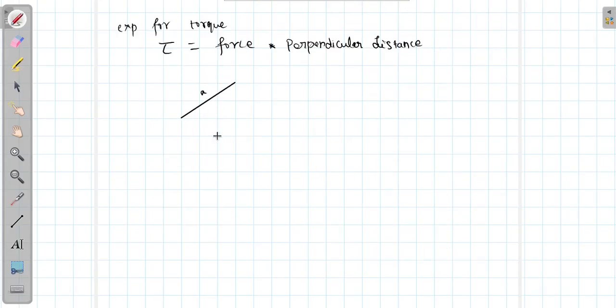Now I'll go for the magnitude of the force. One force in this direction, another force in the opposite direction, and the magnetic field is in the horizontal direction.